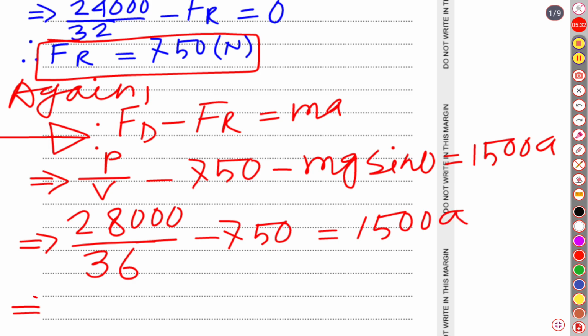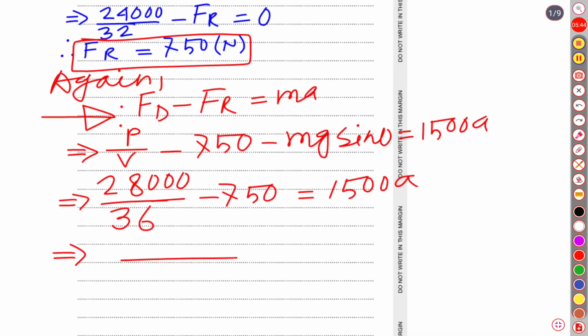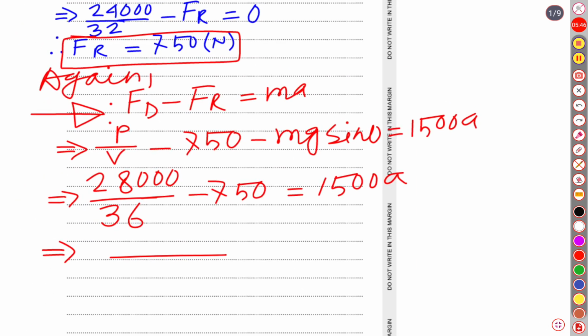If we divide 28,000 by 36, let's not divide this. Let us simplify. 36 is the denominator.